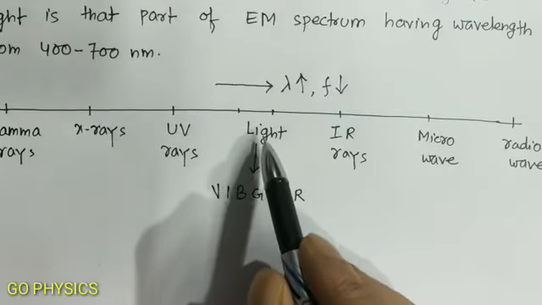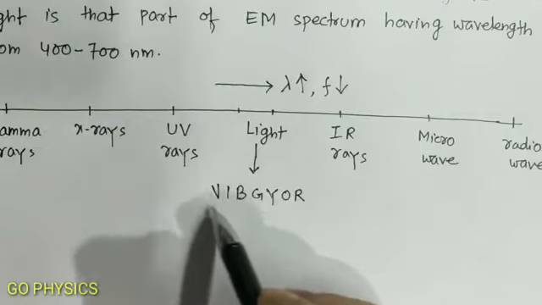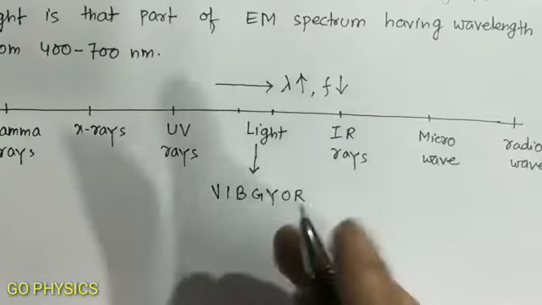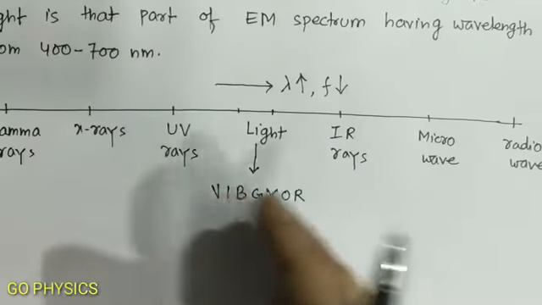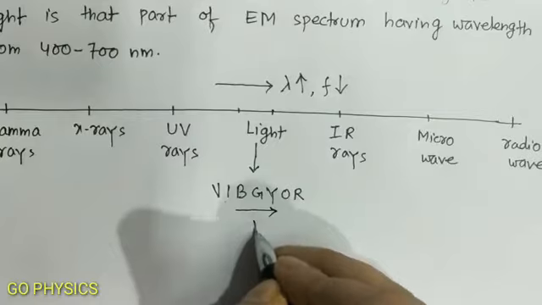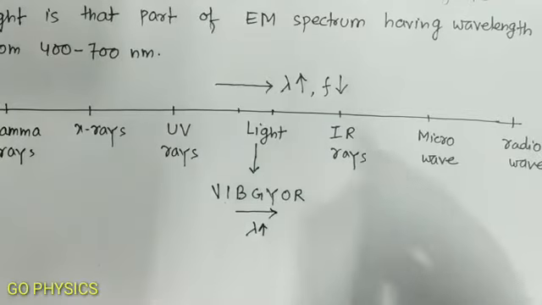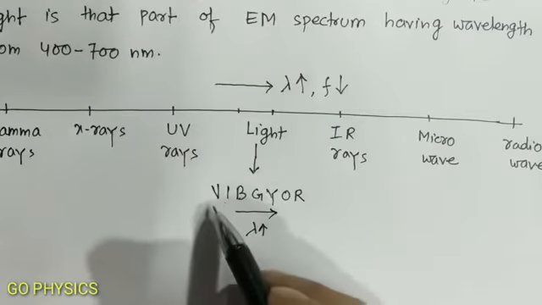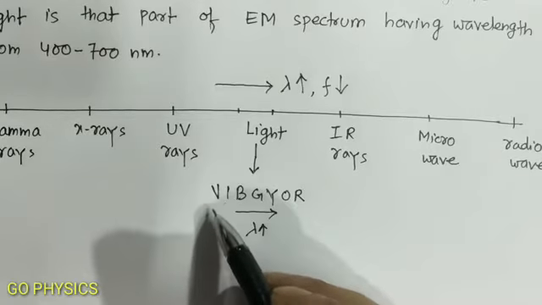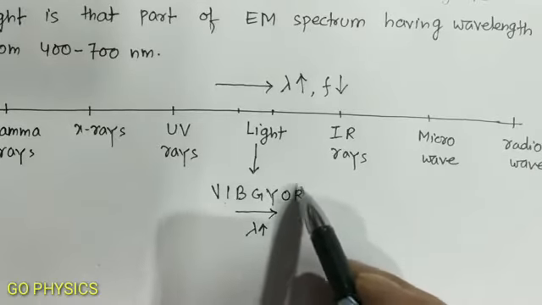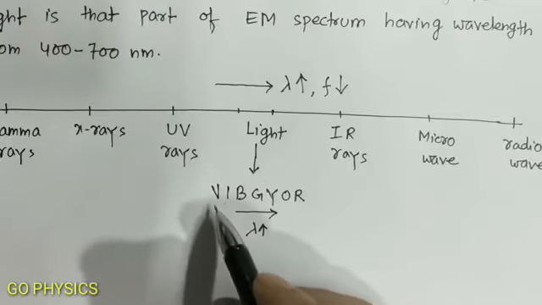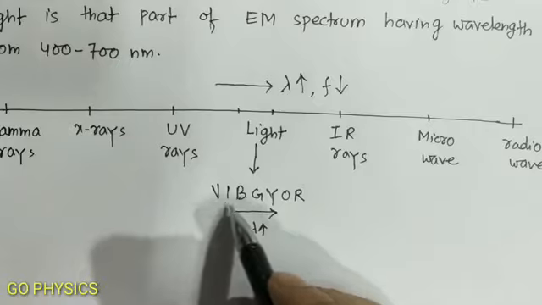White light is a mixture of these 7 different colors, and while moving from violet to red, wavelength increases, that is, the wavelength of the violet color will be less than that of red color, or red color will have maximum wavelength if we are comparing among the VIBGYOR colors.